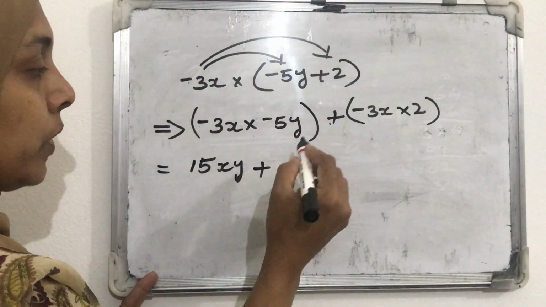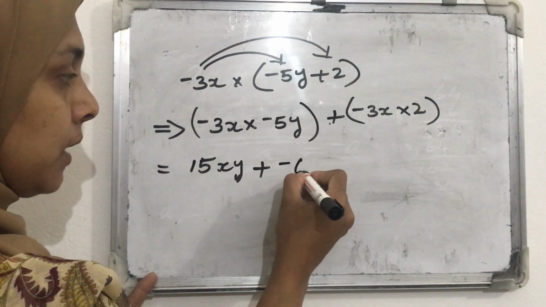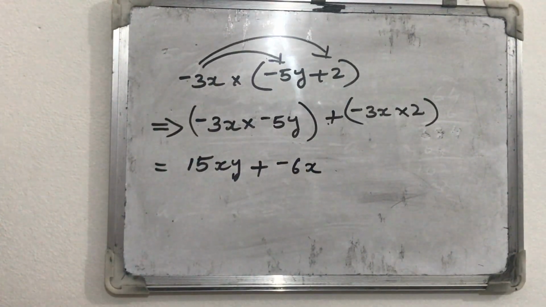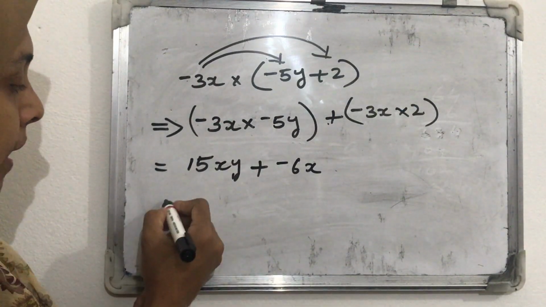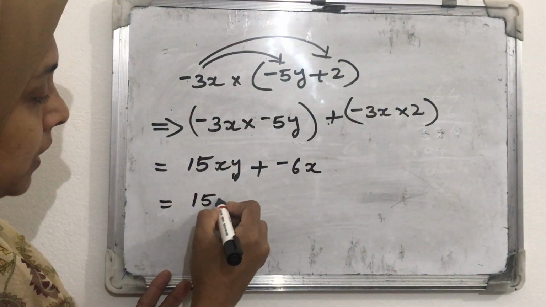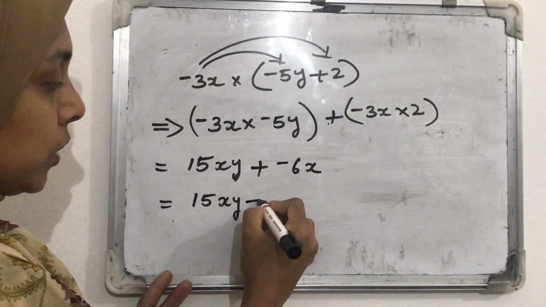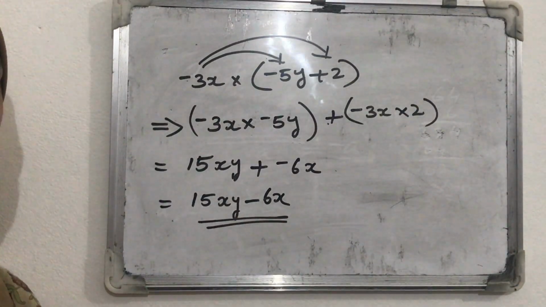Minus 3x into 2, it is minus 6x. Now can we add these together? Are they like terms or unlike terms? Both are unlike terms. So the last answer we can write as 15xy plus minus 6x, so simply 15xy minus 6x.